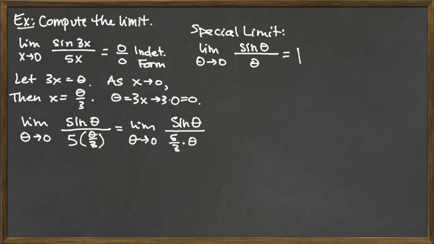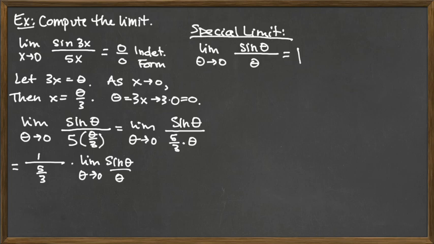That constant multiple on the bottom can simply be pulled out. So we could be looking at 1 over 5/3, because that 5/3 lives in the bottom, so when we pull it outside the limit, it needs to still be in the bottom, times the limit as theta goes to 0 of sine of theta over theta. Now that limit is exactly the special limit that we saw up here.